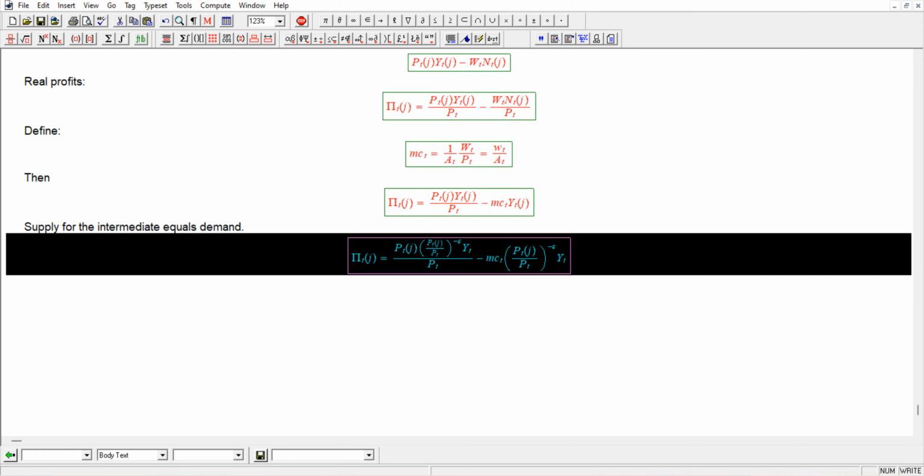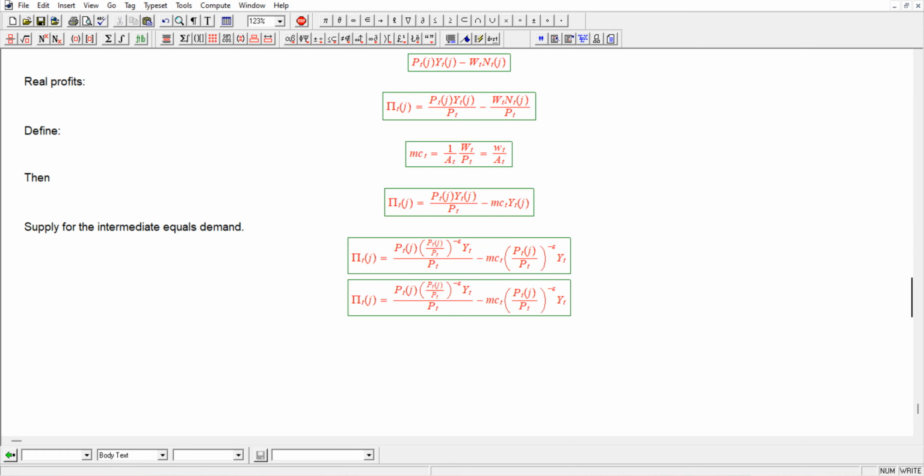We can do some simplification, because clearly if we rearrange this as follows, it becomes clear that this is simply 1 minus epsilon, and this makes the formulation of the firm's problem much easier.